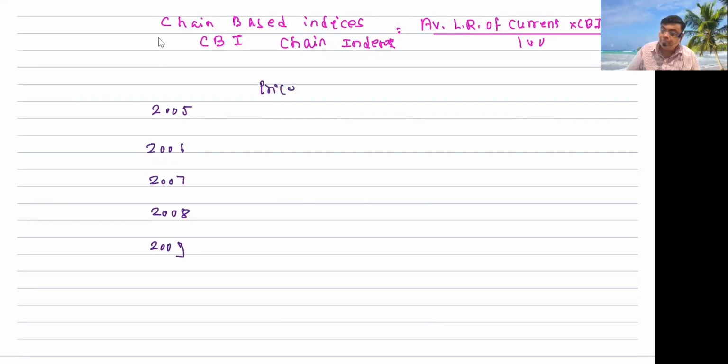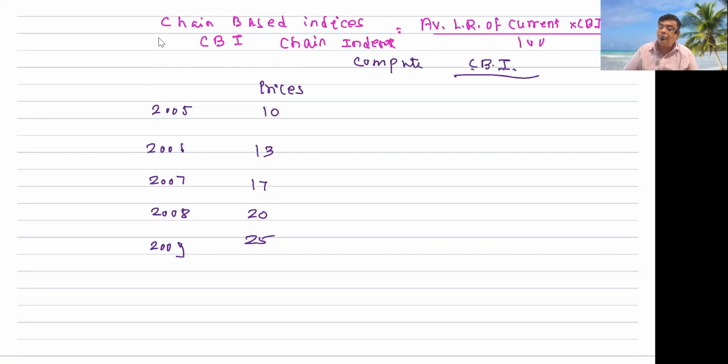Prices 13, 17, 20, 25. Compute the CBI. I give you the problem. I give you time as well. करो. I have given you the time as well.